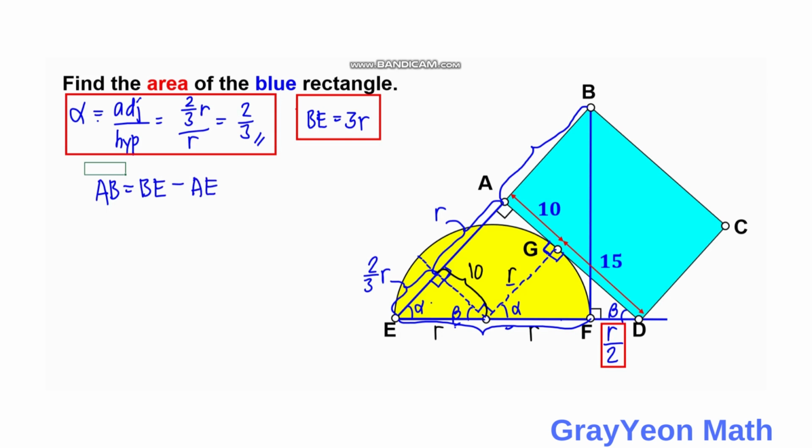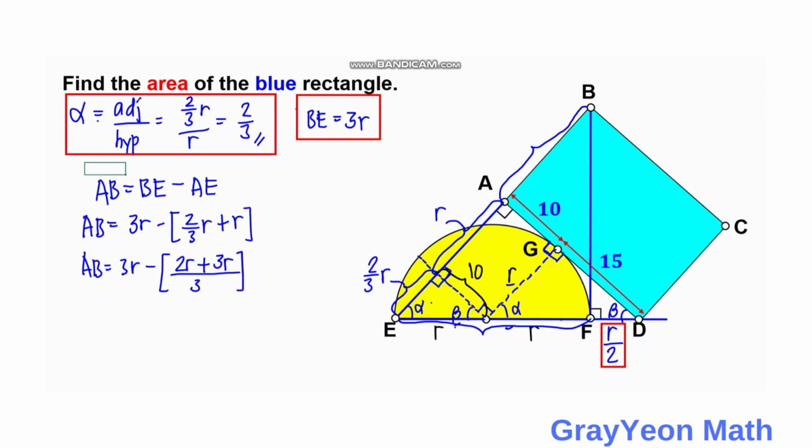So AB is equal to 3R minus the sum of 2 thirds of R plus R. The LCD is 3, so 3 divided by 3 is 1 times 2, that becomes r, plus 3 divided by 1 is 3 times 3r.